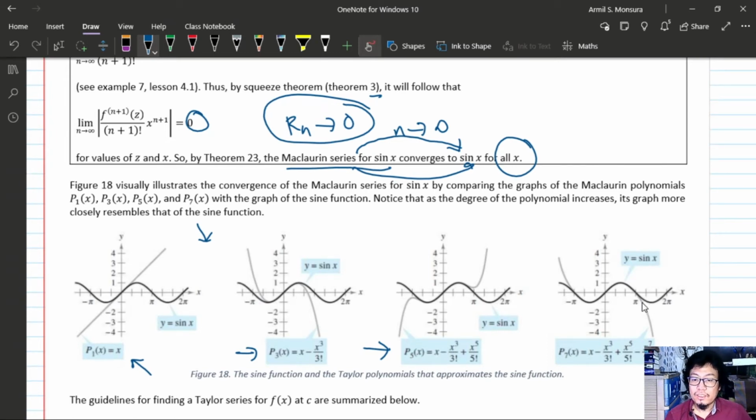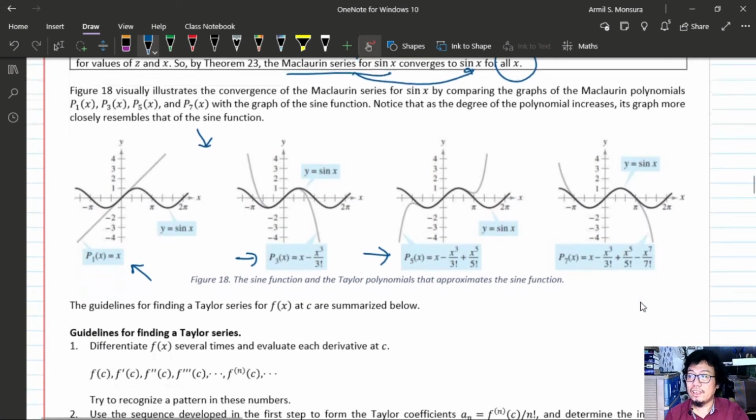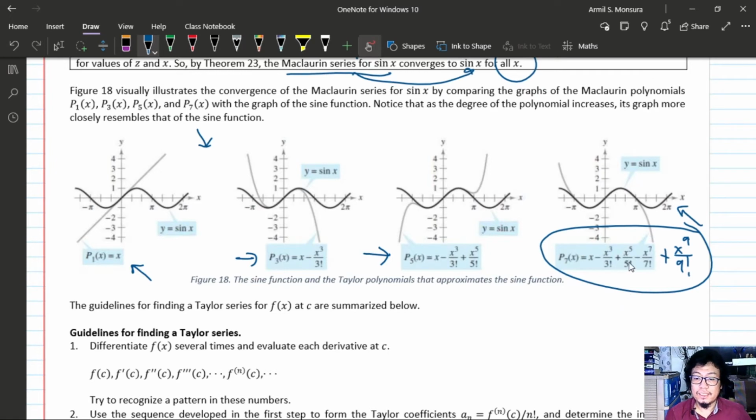So you can verify that if you add plus x raised to 9 over 9 factorial here, the graph of this is much more like your sine of x.